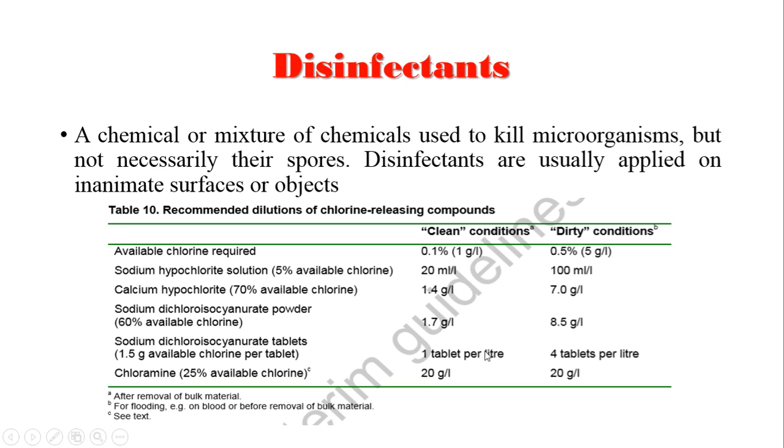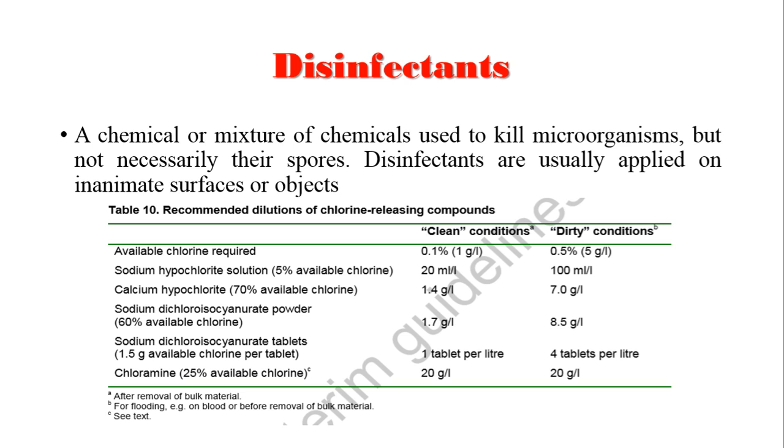If you want to disinfect a clean surface, like for example your table is looking clean, right? So that is called a clean surface. A dirty surface means when it is not looking clean, right? So it is just the visual difference; a clean surface can also have microorganisms, right? Right now we are talking about killing the microorganisms from a visibly clean surface.